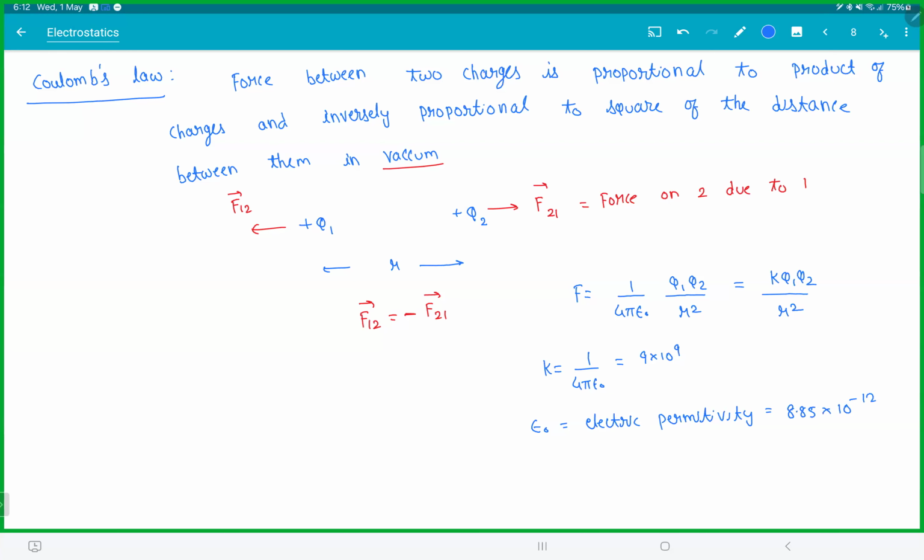Epsilon is called electric permittivity. So what does this tell you exactly? So epsilon's significance, it tells you, if you can see there, where is epsilon? It's in the denominator. This is epsilon for vacuum. We'll talk about that a bit later. But for now, epsilon is a constant. It depends on the material.